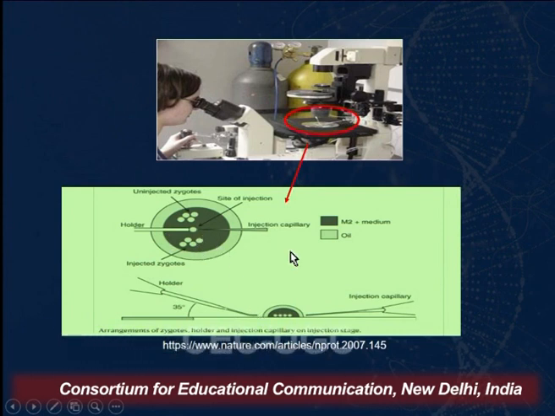This is basically to prevent evaporation of the media, so that the zygotes are not dehydrated or the zona pellucida is not separated from these eggs. So, this is how it looks, and this is how the eggs are put on the platform.